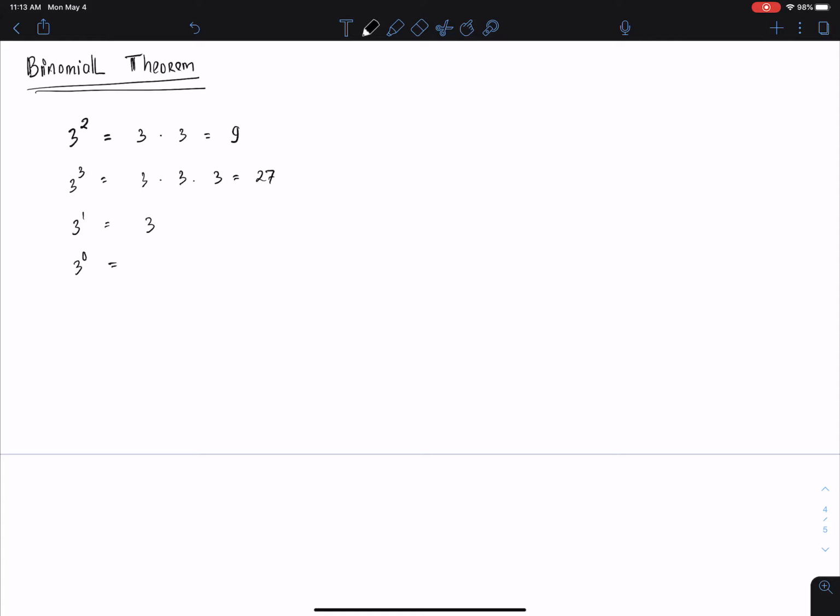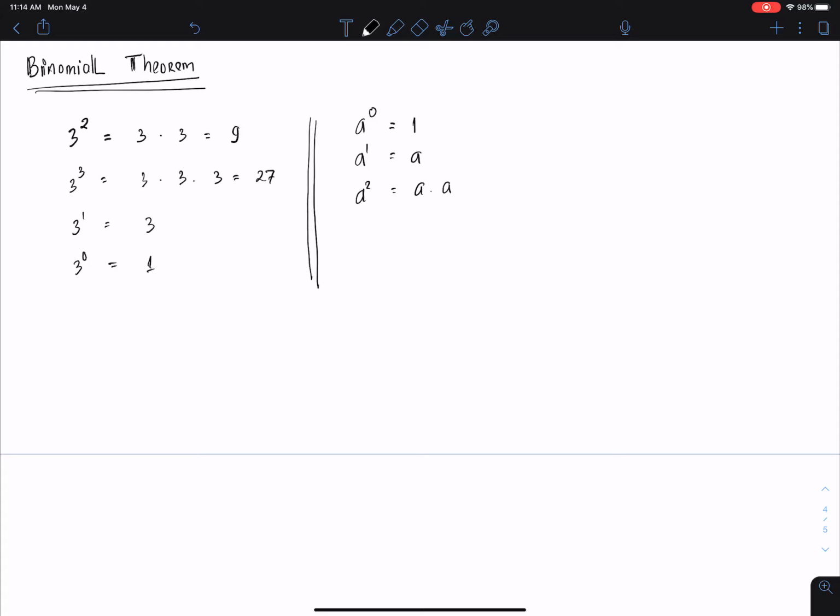Any number powered by 0, the result will be 1. Or if I make it in general, if I just assume any number, let's just call it a. a to the power of 0 will be 1, and then a to the power of 1 will be a. a to the power of 2 will be a times a.